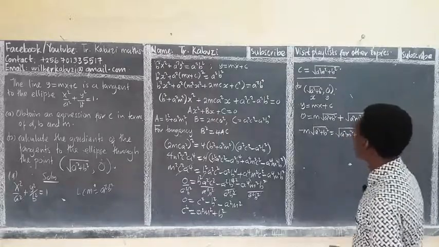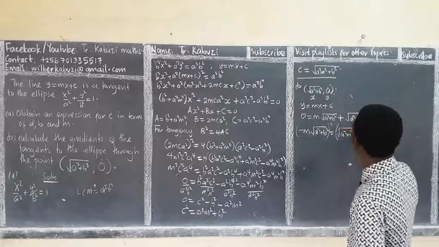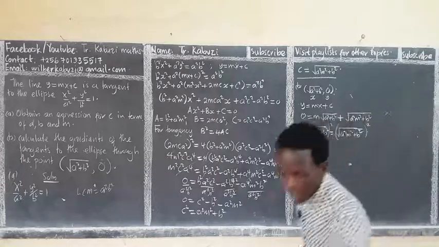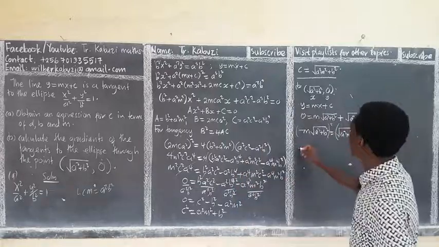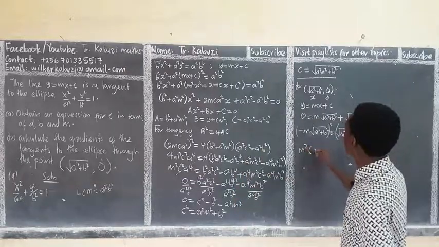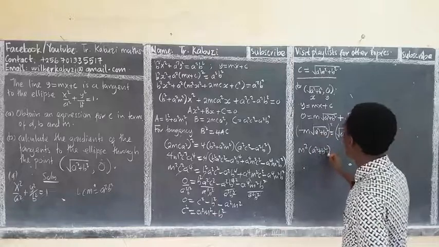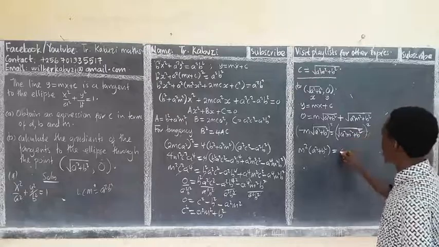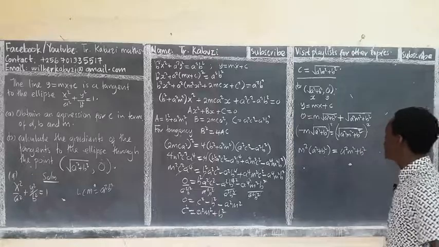If we square both sides to remove the square root, this will be m squared times a squared plus b squared equaling a squared m squared plus b squared.